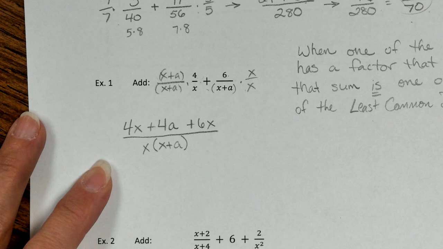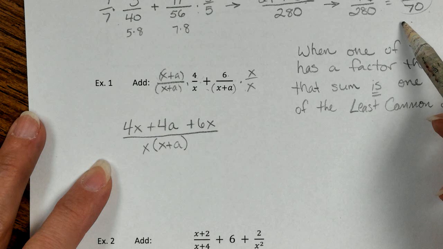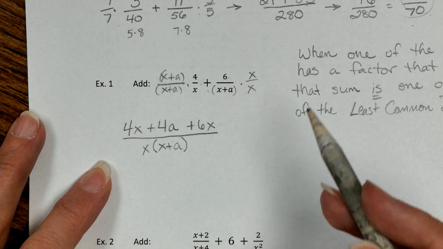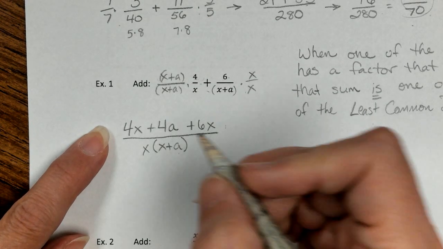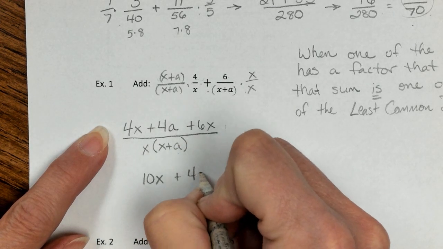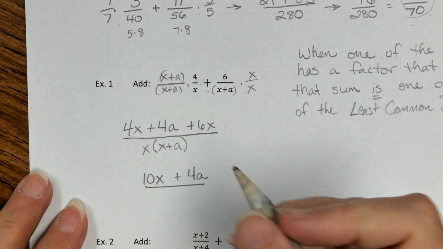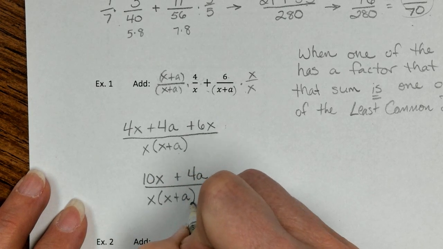Whenever, like at the end of the one with numbers up top here, we reduced at the end. In order to see if this will reduce, I want to keep this factored. Now in the top I do have like terms. 4x plus 6x equals 10x. So 10x plus 4a in our numerator, and then the denominator is x times x plus a.